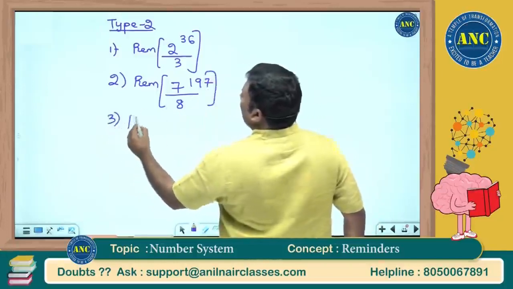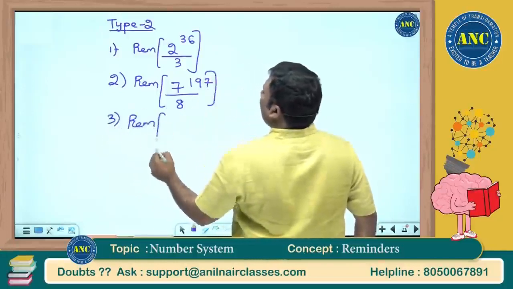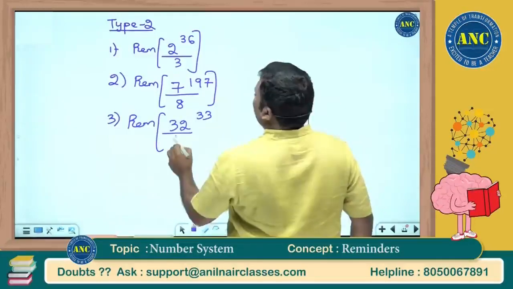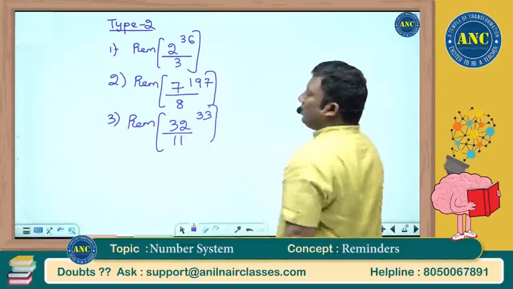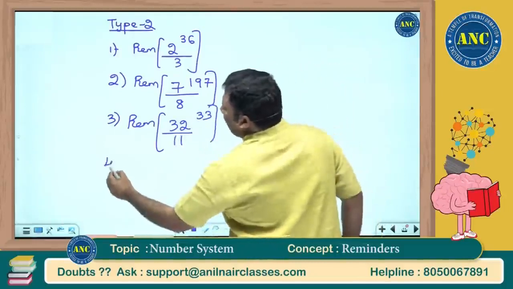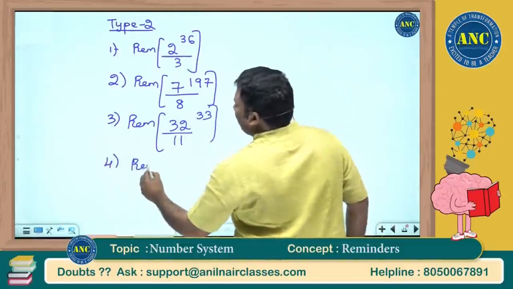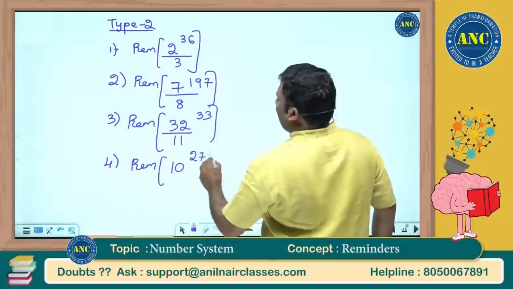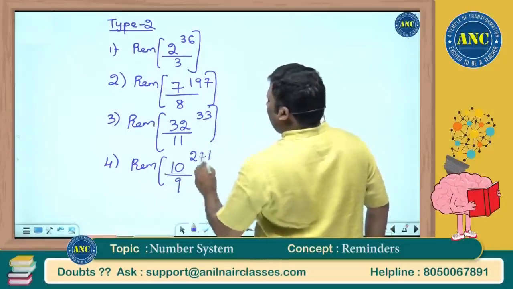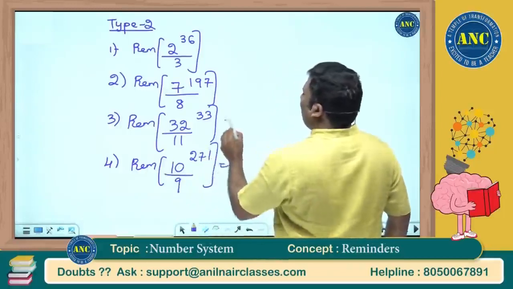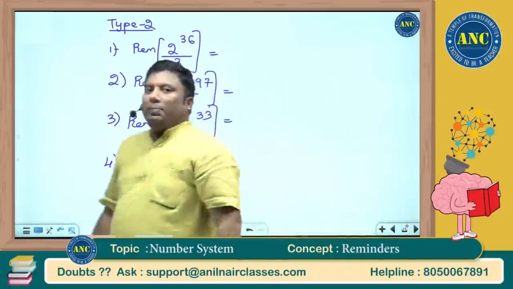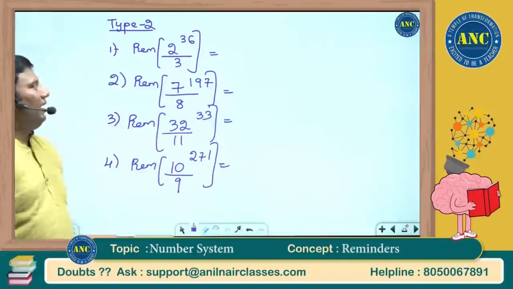Third question: 32 power 33 divided by 11. Fourth question: 10 power 271 divided by 9.